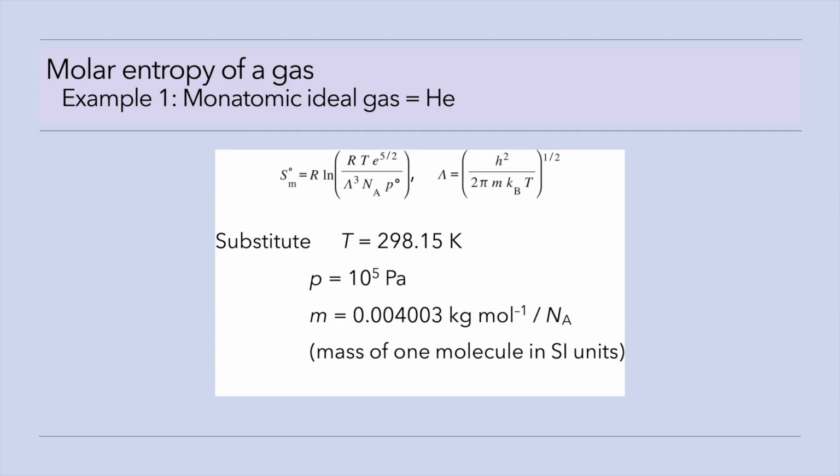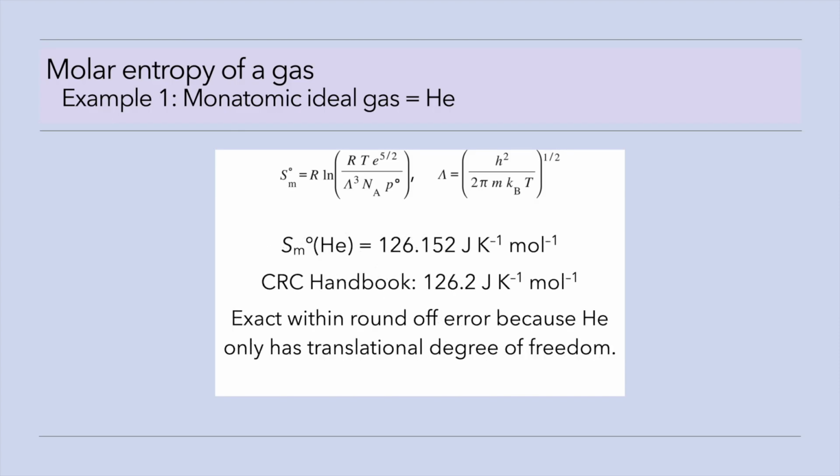Substituting in all of those numbers, we find the molar entropy of helium at 298 Kelvin is equal to 126.2 joules per Kelvin per mole, which is exactly what the literature value is once we round off.